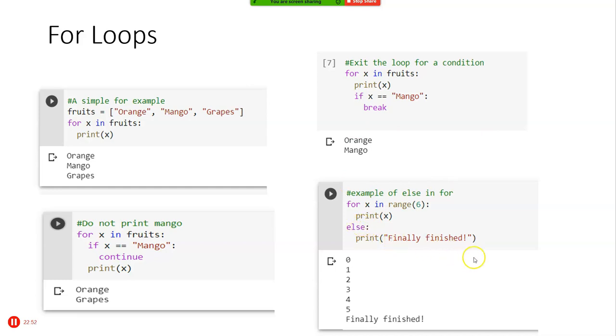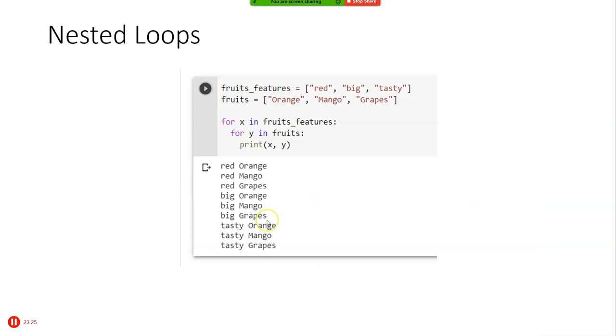You can see the else also. Clear? For x in range 6, which means it creates 0 to 5. After it is finished, it is checking else. Finally finished. Can you see how I can use for in an array? A simple for we saw. Okay, nested loops. I have created two things: fruit features, red, big, tasty, and fruits, orange, mango, grapes.